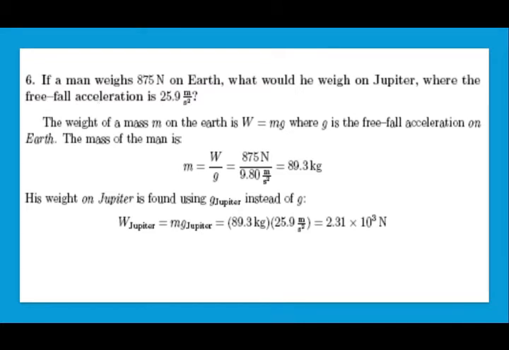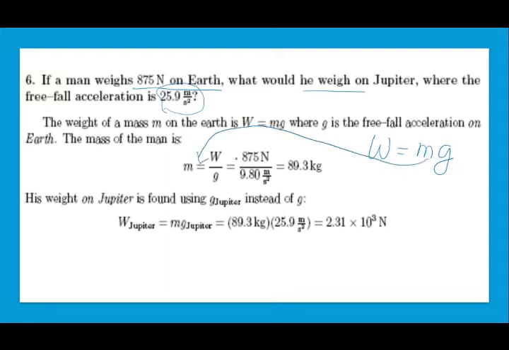If a man weighs 875 newtons on Earth, what would he weigh on Jupiter, where the acceleration due to gravity of Jupiter is 25.9 meters per second squared? So, take note that weight is equal to mass times gravity. Given his weight on Earth, we have to derive first the mass.